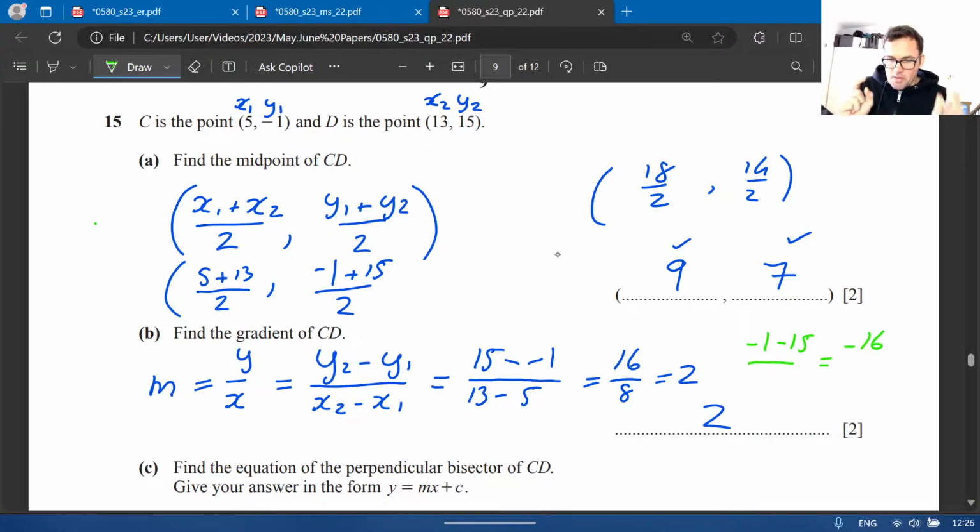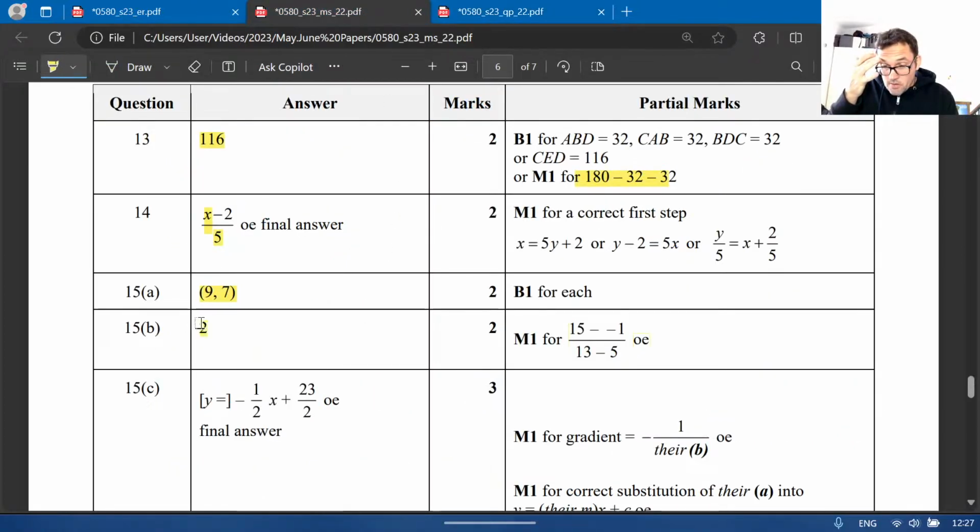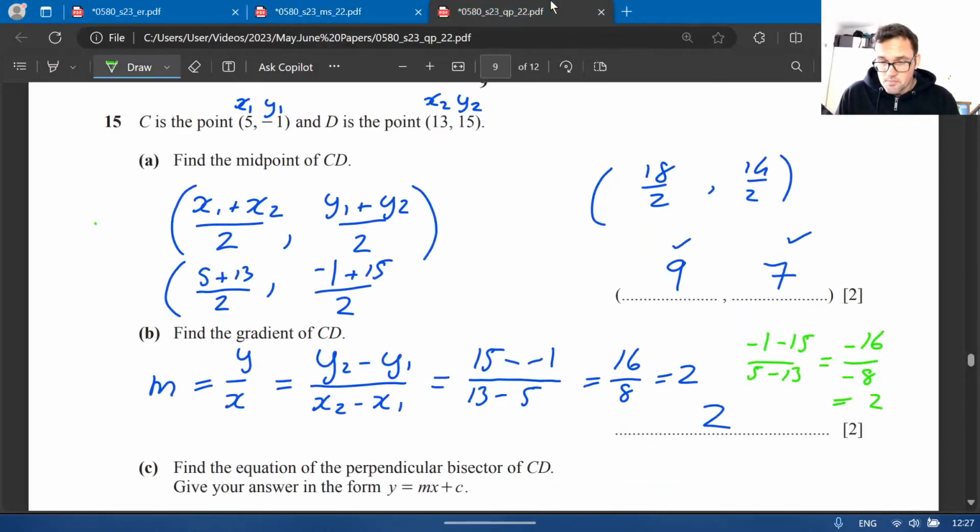That means we just swap the x's around as well, which means we do 5 minus 13, which is negative 8. 16 divided by 8 is 2. Two negatives make a positive, so we get the same answer. So you can write them any way around, as long as you swap both the x and the y. I hope that makes sense. So there we go, gradient is 2, and using the formula or equivalent gives us that answer.